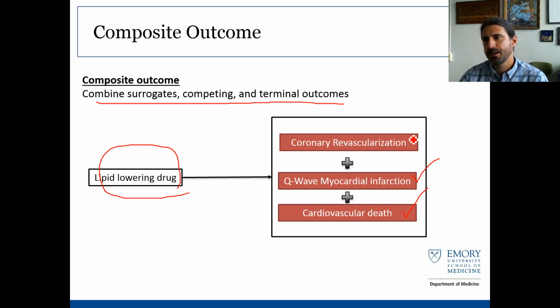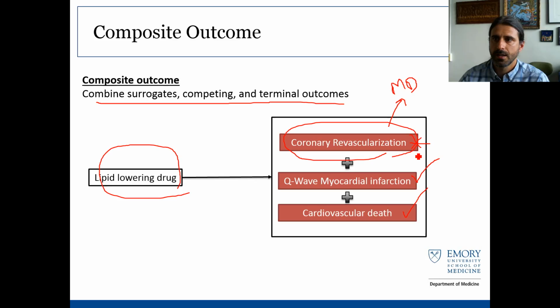And then debatably, another surrogate that might not be as much of interest is coronary revascularization, which also may be associated with additional confounders of whether or not an MD decides to revascularize somebody, and that could be subject to selection bias or other biases.